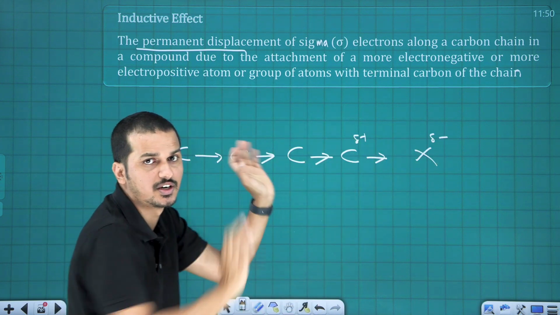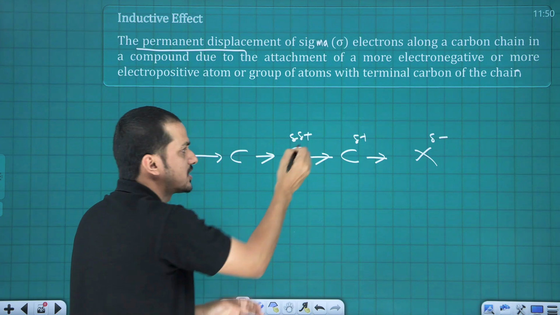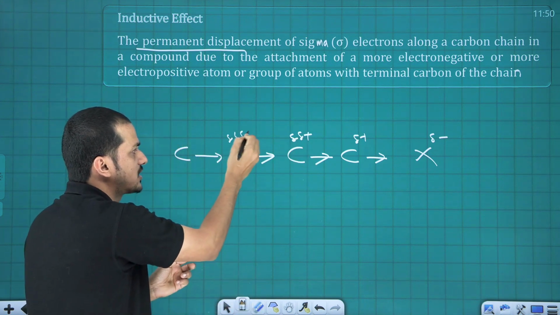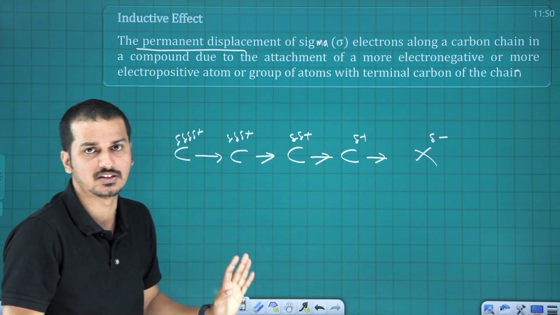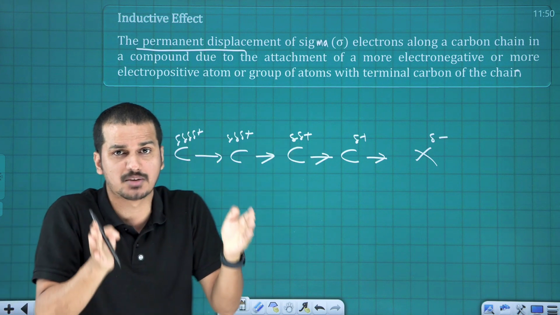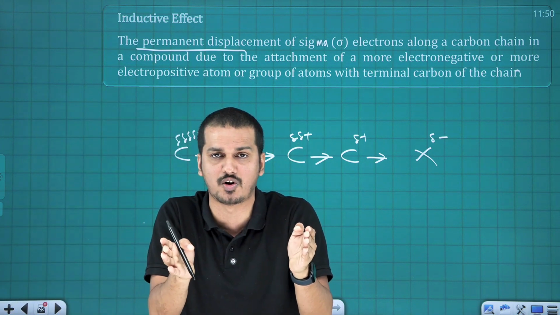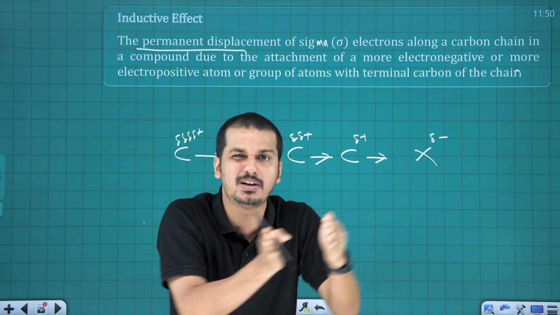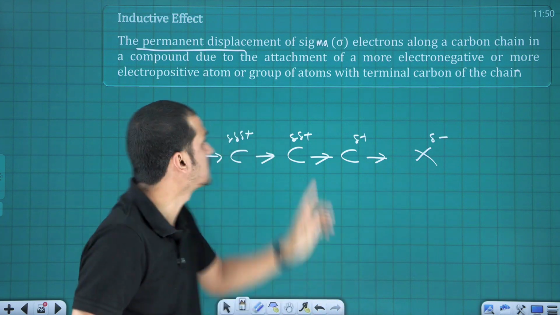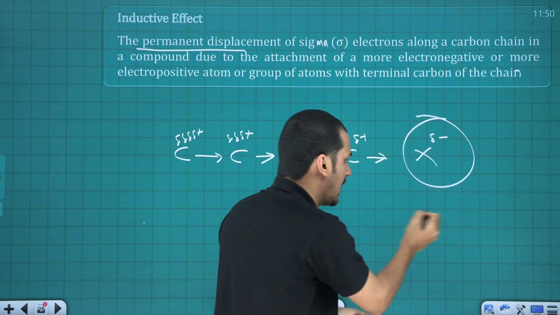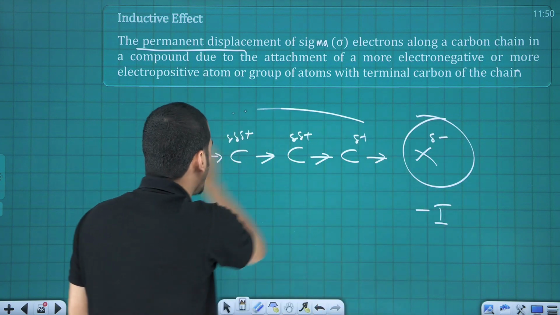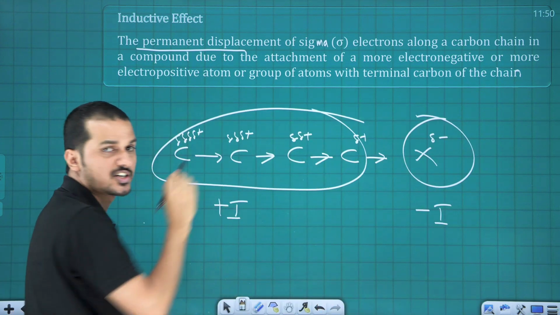This is what is called the inductive effect. The sigma electrons, initially between the carbon bond or carbon-halogen bond, will simply shift, simply delocalize. That is what is called the inductive effect. The group which takes electrons is called a minus I effect showing group. The group which donates electrons is called a plus I effect showing group.